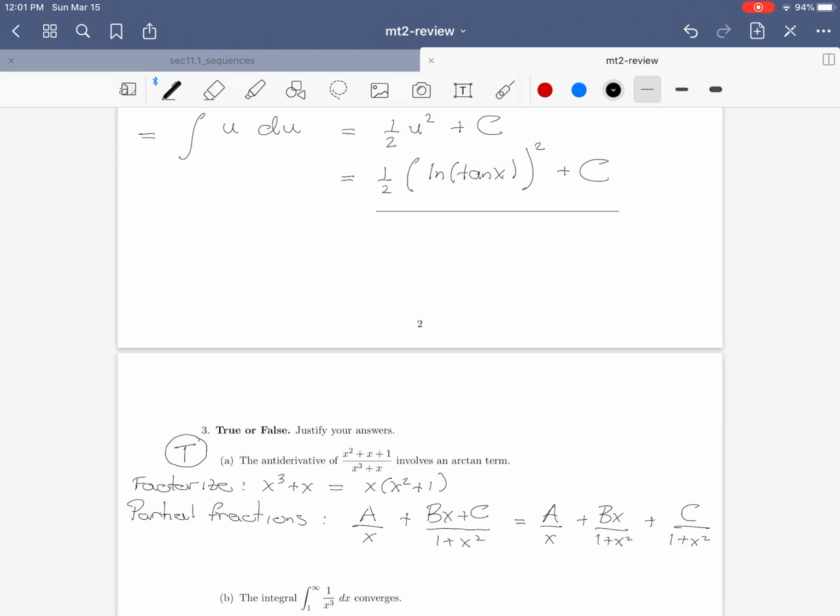If we were actually calculating the integral, we would need to find the values of a, b, and c, which we would do by multiplying up and comparing coefficients. But in this case, we actually don't need to do that. What we notice now is that we have this term here, and this is what's going to give us the arctan.